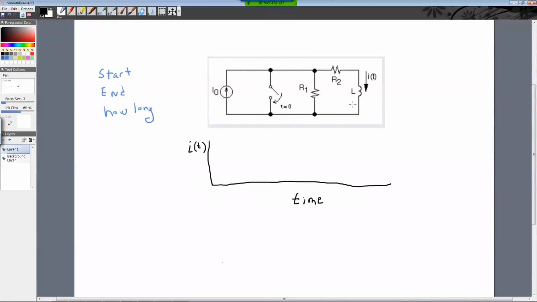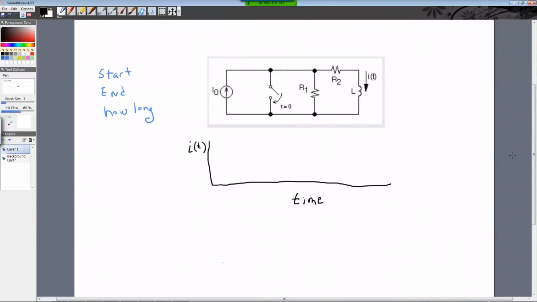Now, the thing to remember about that inductor is that when there's no change in current, that means the voltage across it will be 0. So it acts like a short circuit before that switch is closed.